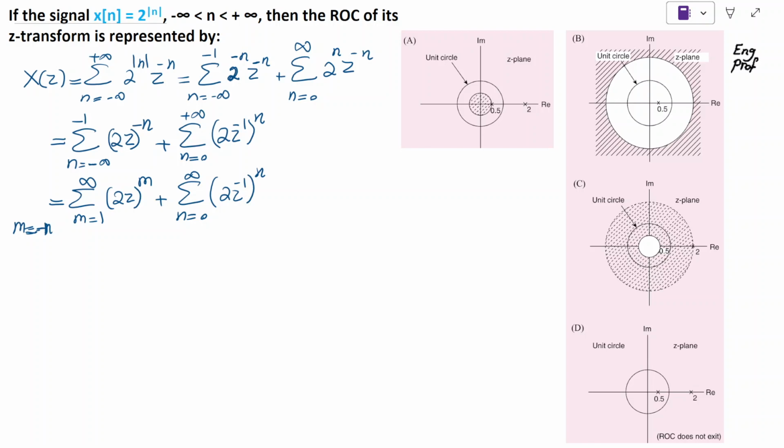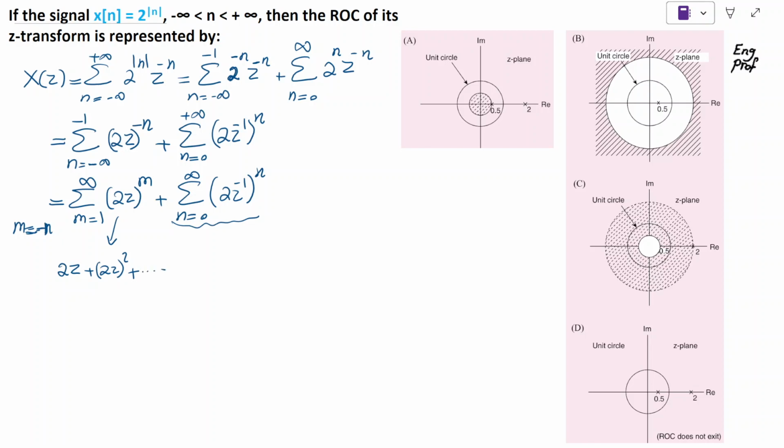So what is the lesson learned here? We have two infinite summations, each in the form of a geometric series. Checking the first one, it starts with 2z, because m equal to 1 is the starting point, then the next component is 2z to the power 2, and 2z to the power 3, and goes to infinity.